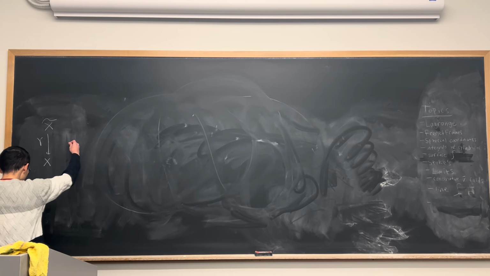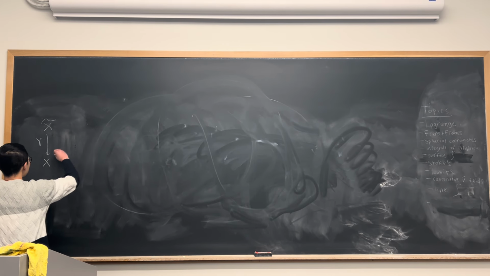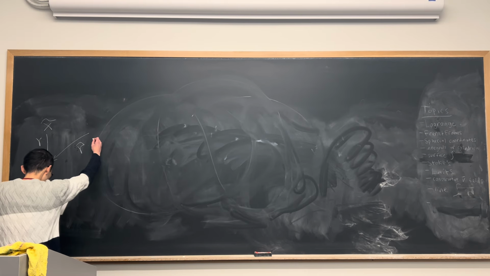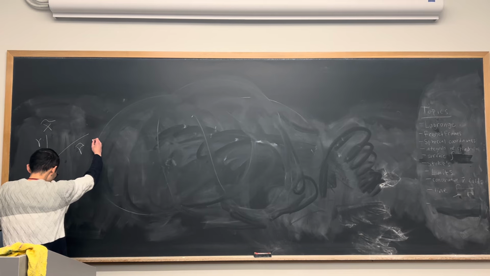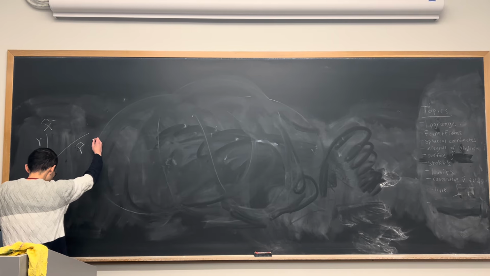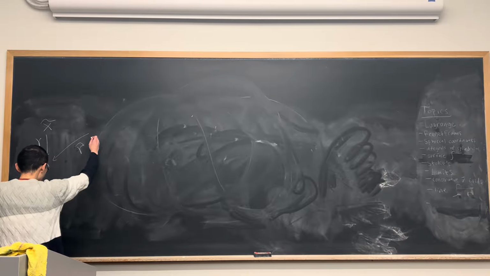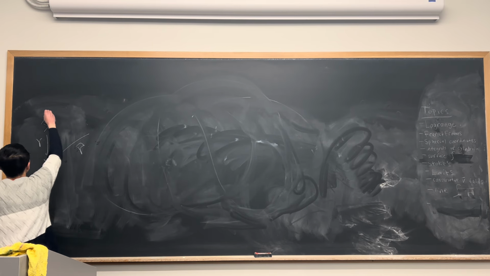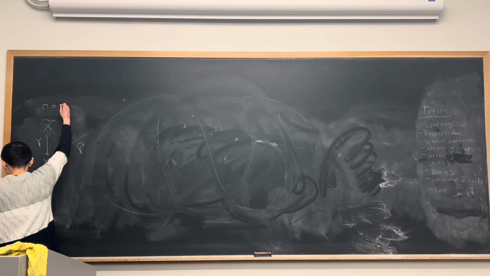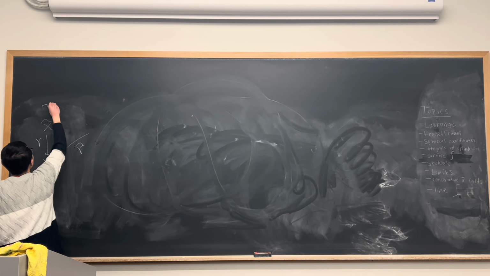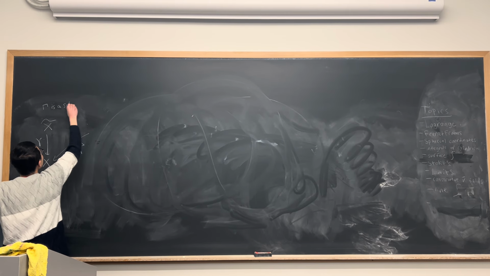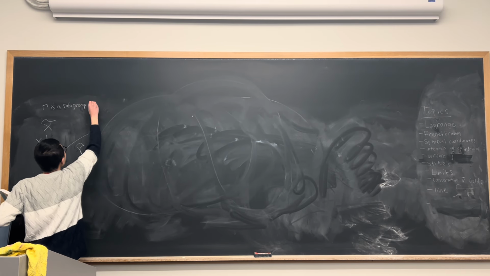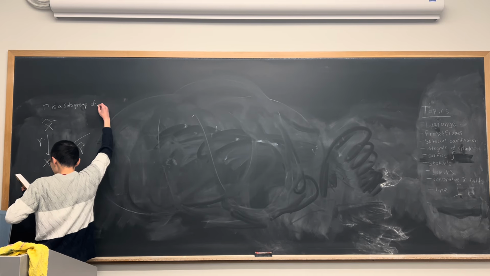And then this is the map. Okay, so we have this gamma. So this is a subgroup of the pi 1 of X naught.